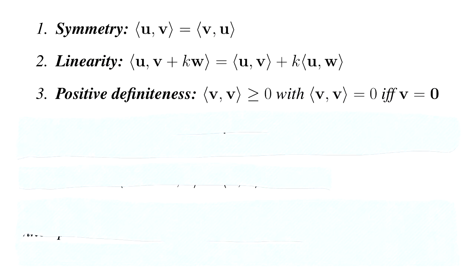Because this thing's supposed to generalize the dot product. So the first one is symmetry. The inner product of u and v is always the same as the inner product of v and u. If you've got some map from V squared to R that doesn't satisfy that, it's not an inner product. You might still have a well-defined, useful, interesting map, but it's not an inner product.